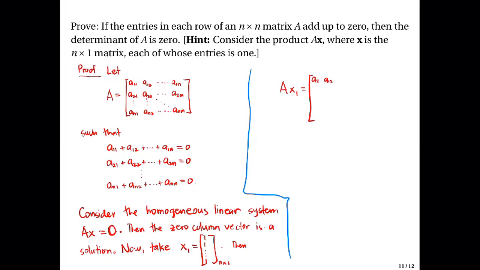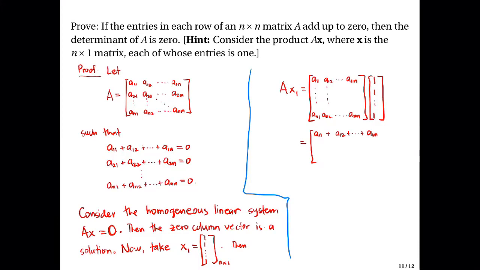A11, A12, until A1n, etc. You have An1, An2, until you have Ann. That's your matrix A. Your matrix x1, you have 1, 1, until you have 1. If you do the multiplication in here, you just have A11 times 1, plus A12 times 1, plus you continue, you will have A1n.